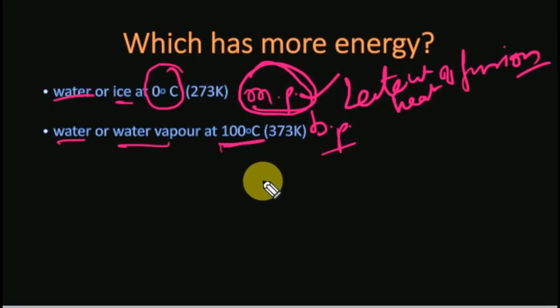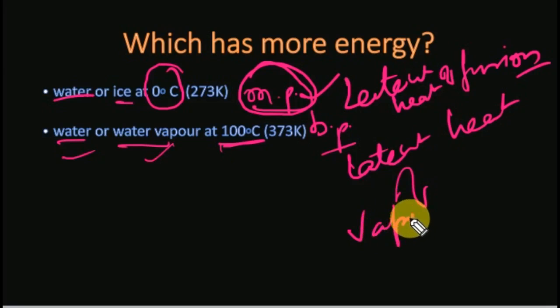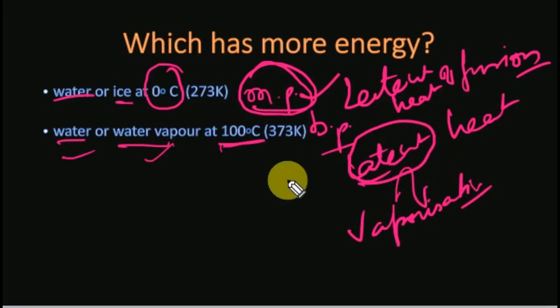In the same way, the amount of heat energy required to convert water into water vapor at the boiling point at atmospheric pressure is called the latent heat of vaporization. So, latent means what? Hidden heat.